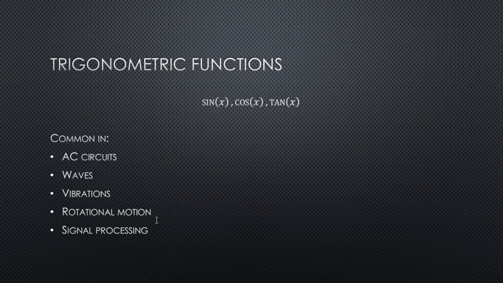Mechanical vibration can also be represented using sine and cosine functions. And signals, waves, and rotational motion all make extensive use of trigonometric functions. So, whenever you see a sine or cosine function, you should immediately think about periodic behavior.